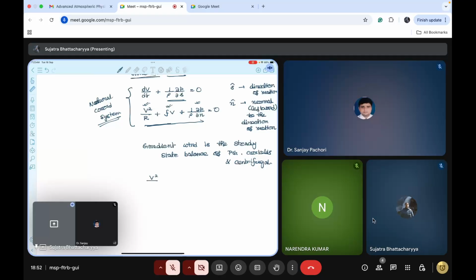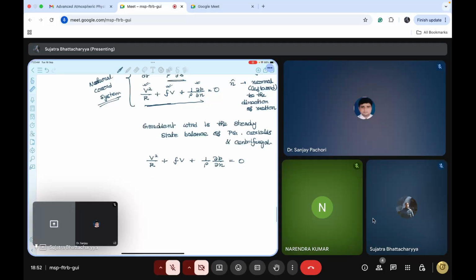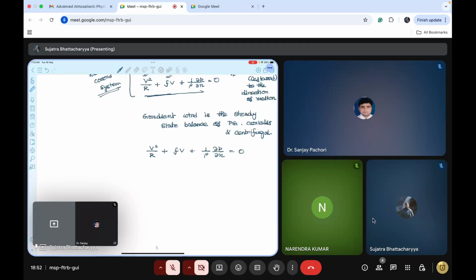So if you write V square by R plus fV plus 1 by rho delta P by delta N equals 0, what do you get? You get V equal to minus f plus minus root over. You know this is an algebraic equation.